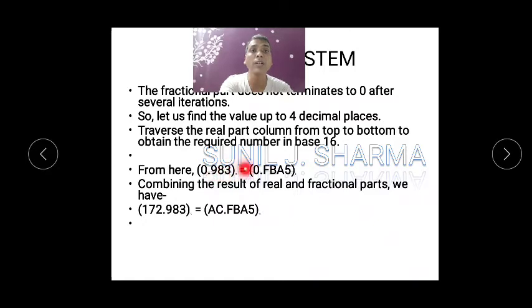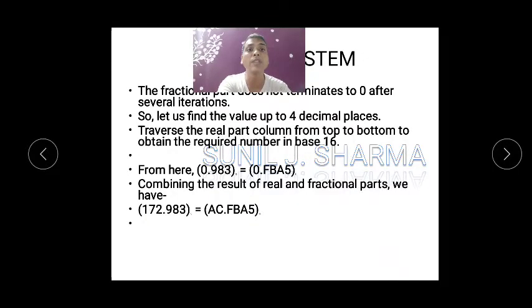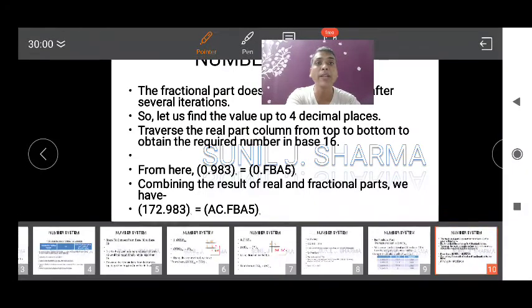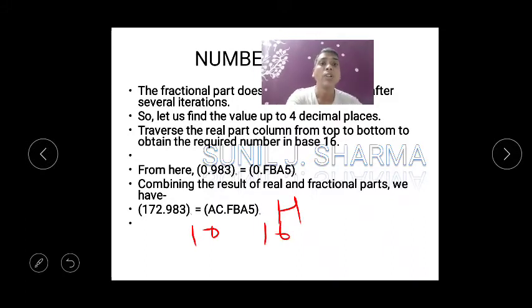So I think you understood that this is your answer, FBA5. This is your real part answer and this is your fractional part. I hope you will not forget to write that this is in decimal and this is in hexadecimal, or you can write the base as 16. I hope you understood.